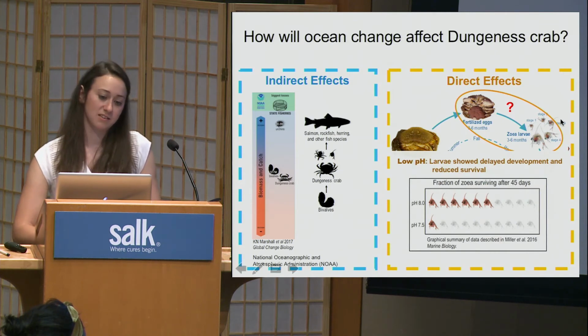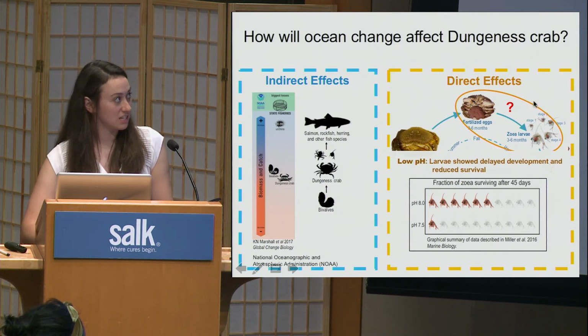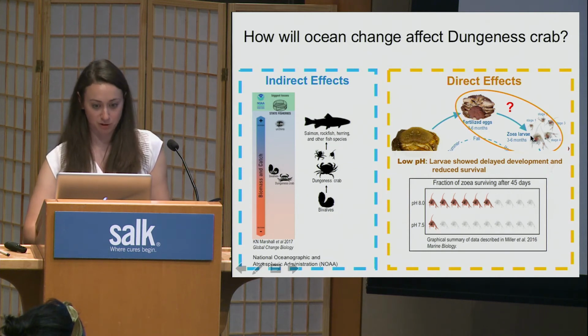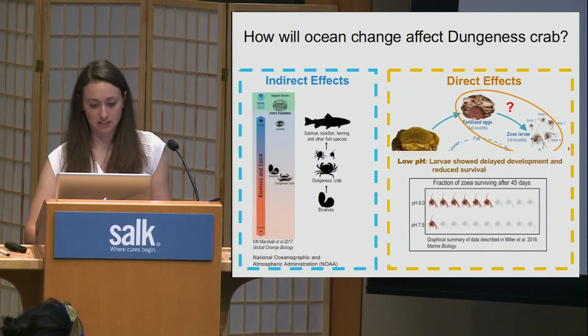Okay, and the Ocean Acidification Lab at the Northwest Fisheries Science Center did a study on crabs that were freshly hatched and developing into this zoea larval stage, and they saw that the larvae, when they were exposed to this low pH, did not survive as well, and they also showed delayed development.